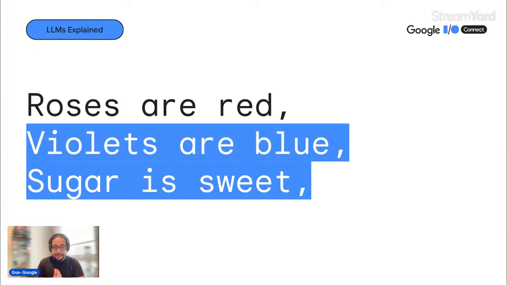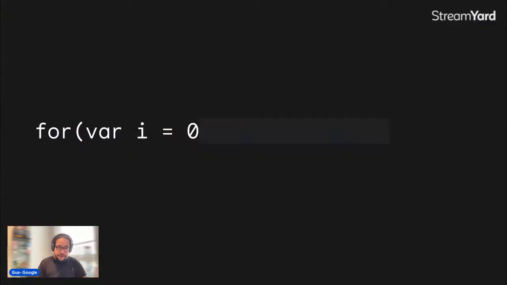The cool thing is that when you start to train with more data, when you go into the field of large language models and these language models get way bigger, they can do more than complete regular text. For example, if you give them this beginning here, "for var i = 0," if you are a developer, you kind of know what comes next, right?